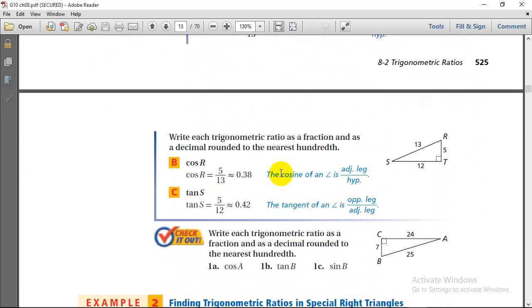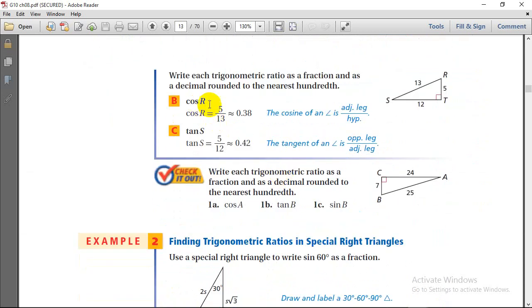Here, what's the cosine of R? This is my R. Cosine, we said, is adjacent over the hypotenuse. So it's 5 over 13. What is the tan of S?